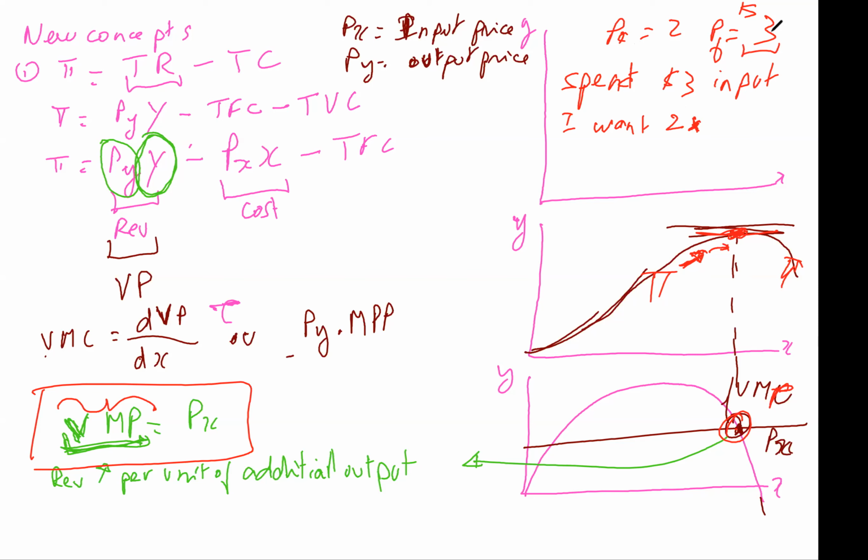Does that make sense? If by spending $3, I get only one additional output, so I say 1, then I'll be spending $3, but my revenue will be $2.